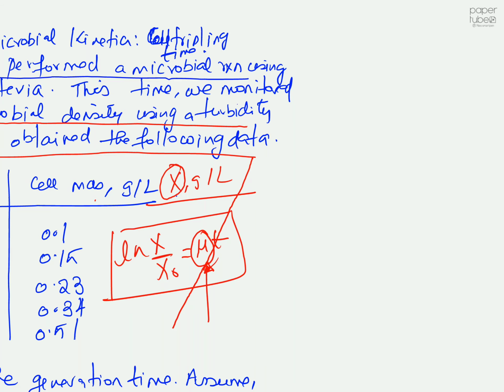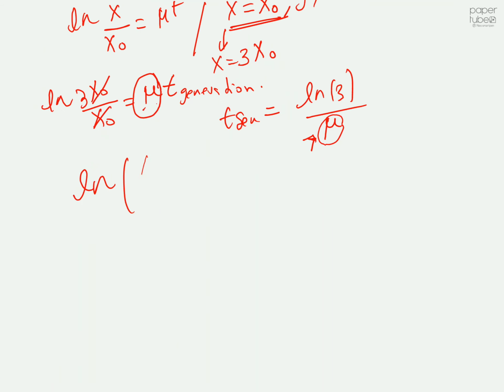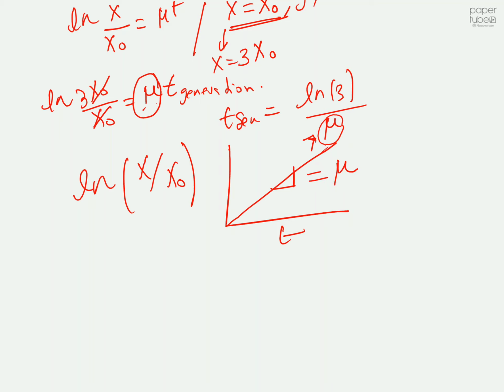To do that, we have to plot ln of X by X0 versus time. You will get a line like this, and the slope value should be equal to mu, and this trend line should pass through your origin.